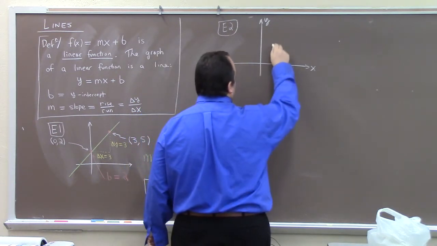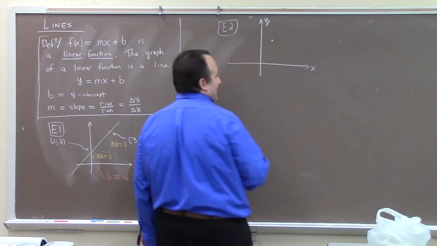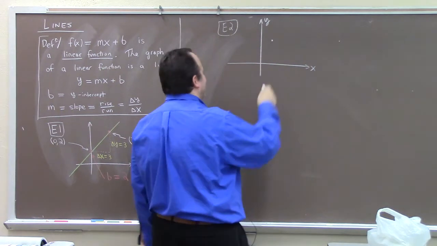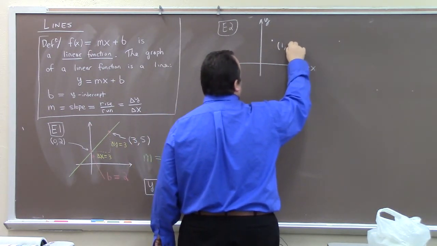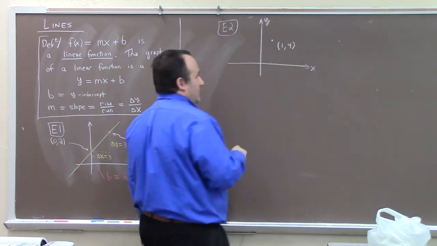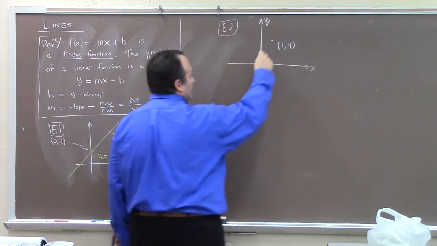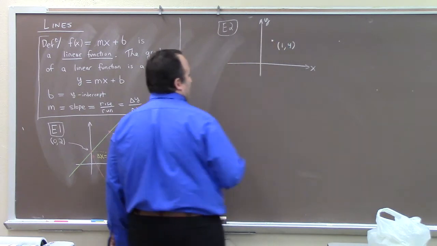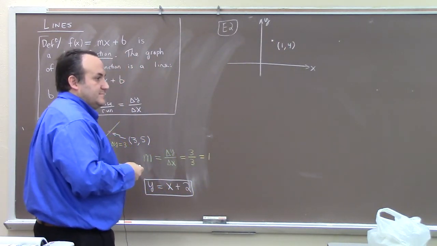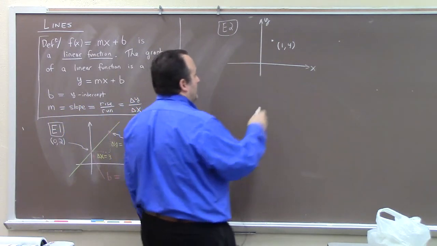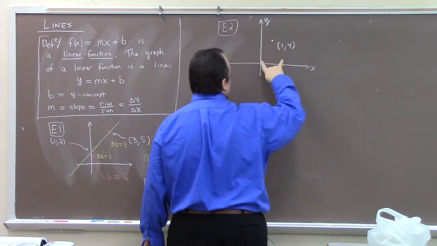So (1, 4). A wrong answer would be like e and the square root of 3, right? But you guys aren't sarcastic math majors, so you probably won't do that to me. 1 comma 4, that's that point, roughly speaking. All right, and somebody else give me another point. (5, 1). Okay, let's see here.